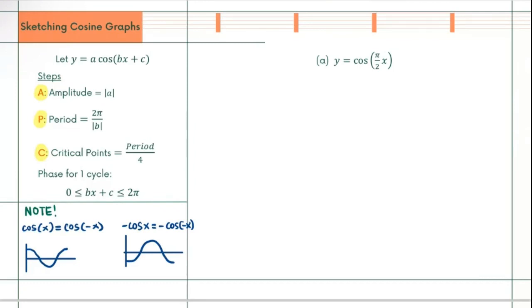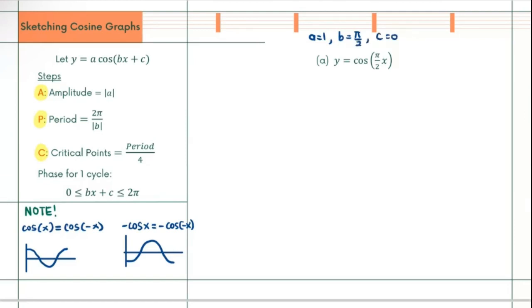Now in this question we identify A, B and C. A is still 1, B is pi over 2 and our C is 0.